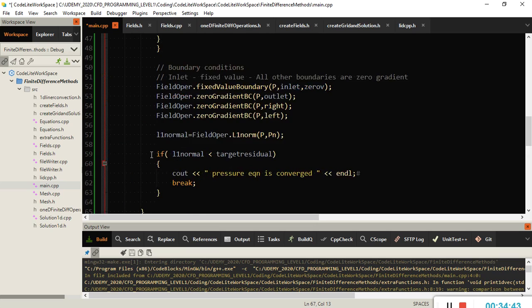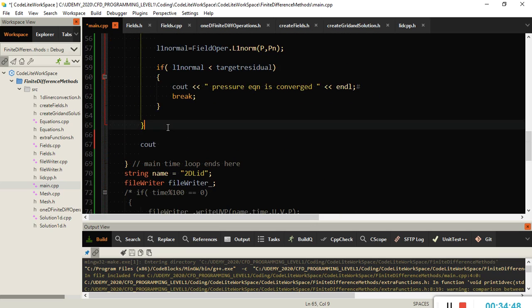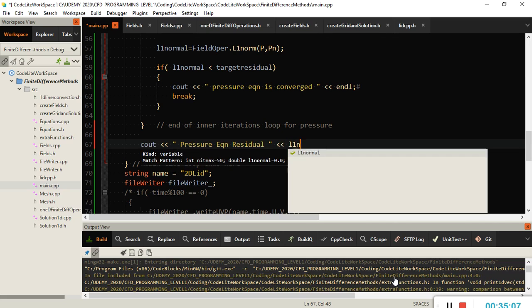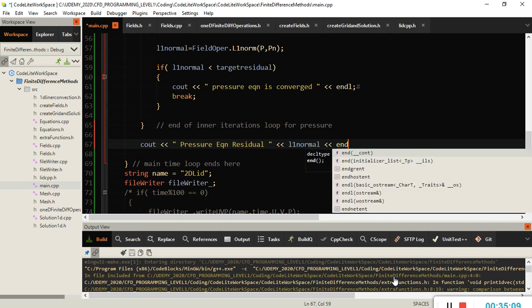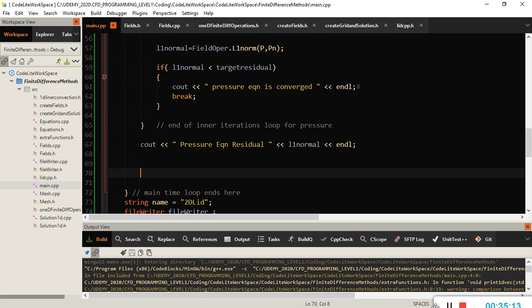So now we are outside the loop, so the loop starts from here, ends here, so this is the end of the inner iterations loop for pressure, and then we say cout pressure equation residual, and then L1 normal and end the line. Okay, so now we have written our pressure equation.